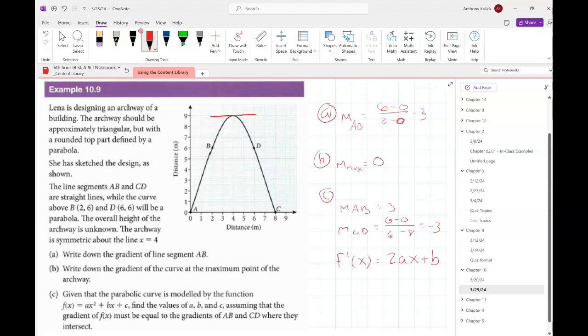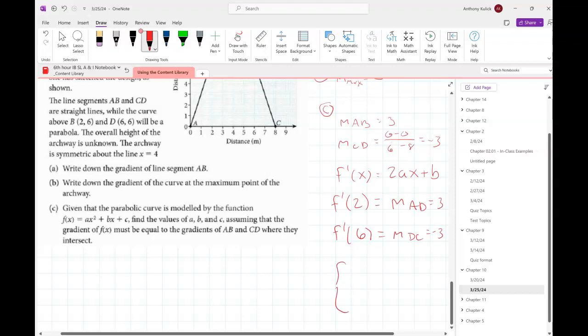Okay. So the slope when x is equal to 2 should equal the slope of AB, right? The slope when x is equal to 6 should equal the slope for DC.